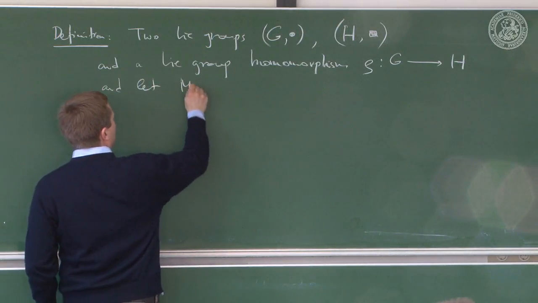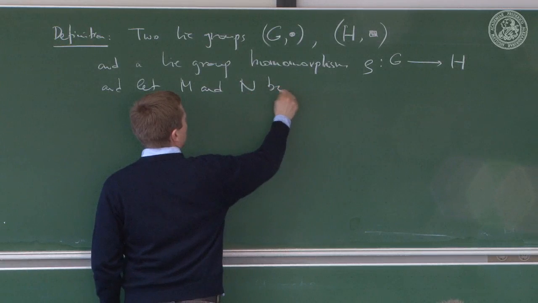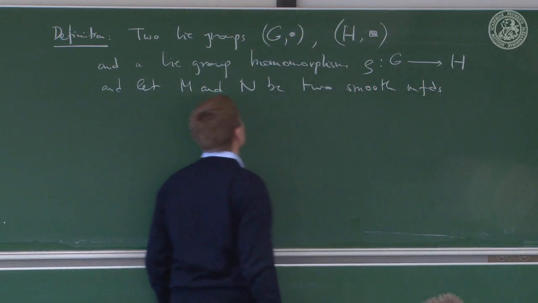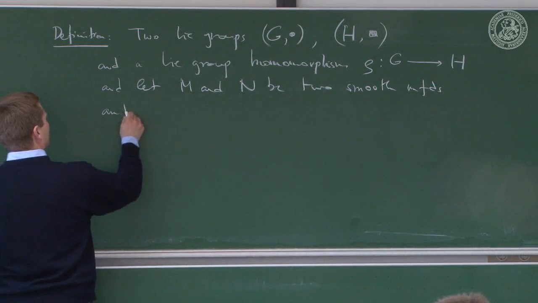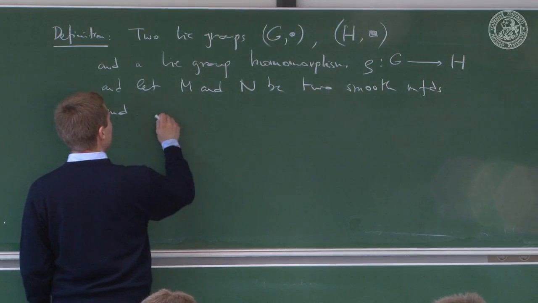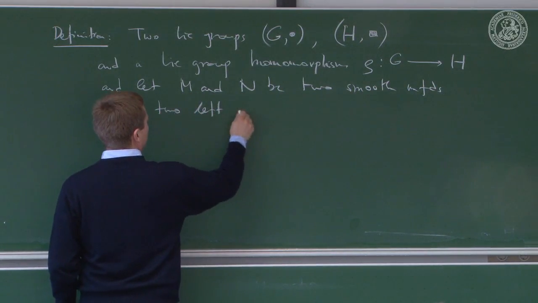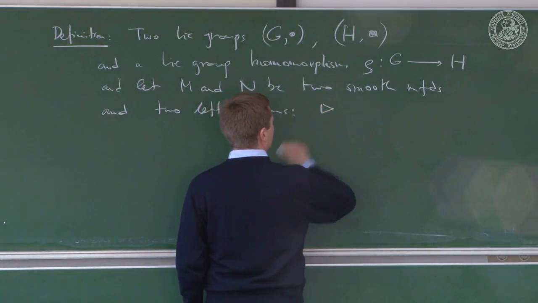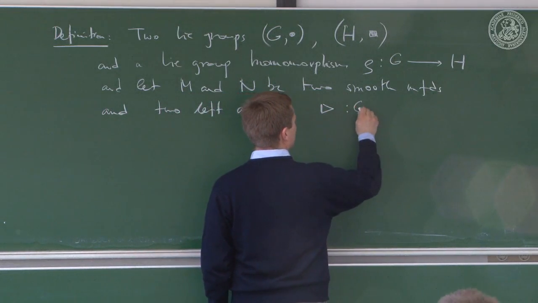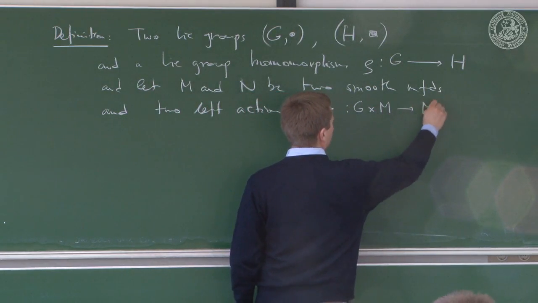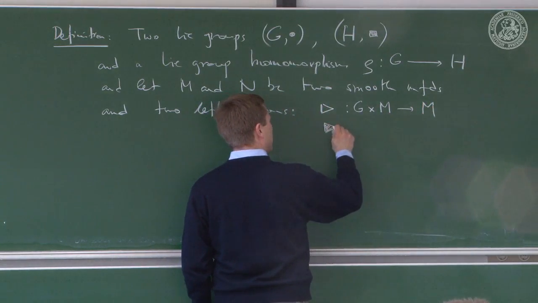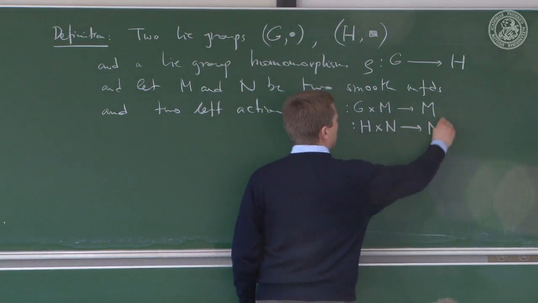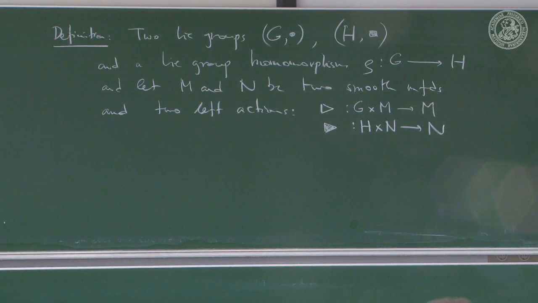And let M and N be two smooth manifolds, and further let's have two left actions, namely one that we denote like this, a left action, so it's G cross M into M, and the other left action, let's take a filled triangle, is from H cross N into N. So two Lie groups, two manifolds.